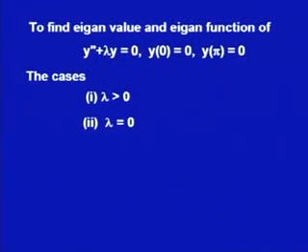Now, lambda is any real number. Let us divide into 3 cases: positive lambda, lambda 0 and negative lambda, because those give different general solutions of this differential equation. Let us discuss these cases one by one.